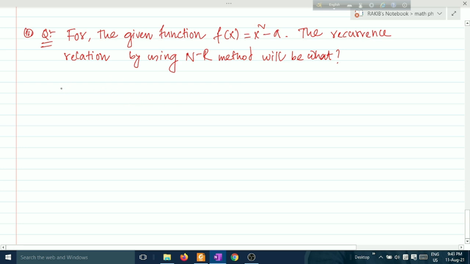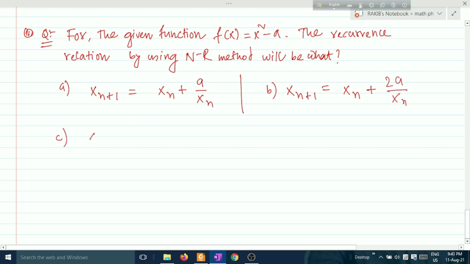The options are: option A, x n plus 1 equals xn plus a by xn. Option B, xn plus 1 equals xn plus 2a by xn. Option C, xn plus 1 equals xn plus 4a by xn.